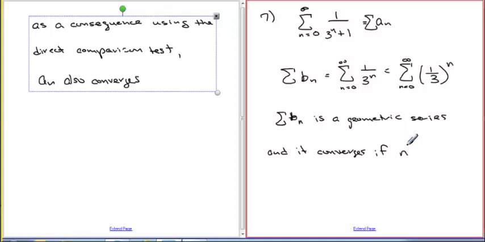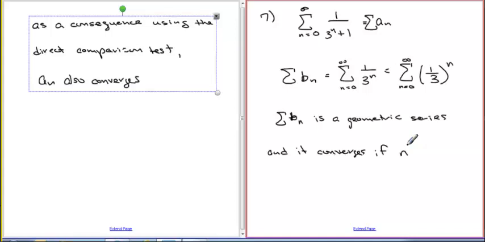I'm pretty sure this one works, but let me go back to section 9.2, which is where we talked about geometric series. Here we go, page 608.